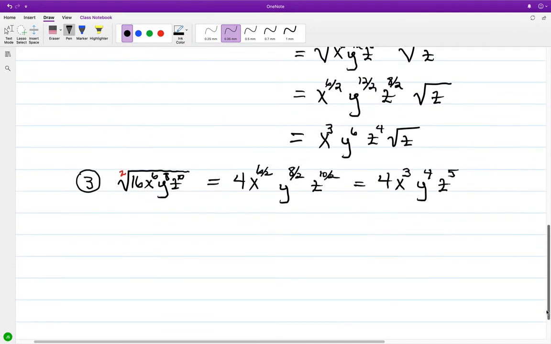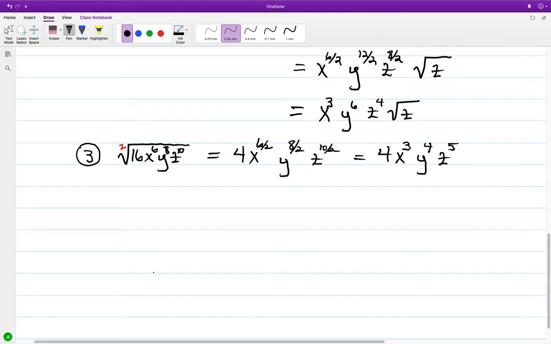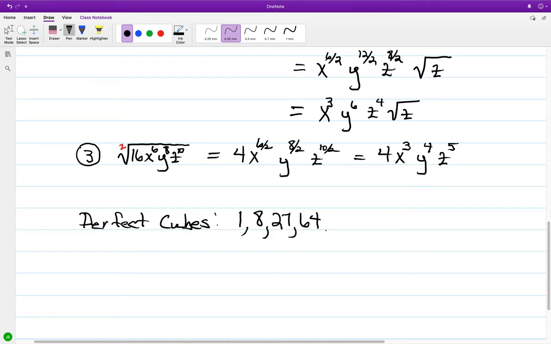Now, let's say that I carry this over to perfect cubes. For perfect cubes, in the natural numbers, 1 cubed is 1, 2 times 2 times 2 is going to be 8, 3 cubed is going to be 27, 4 cubed is 64, and for 5 cubed, we have 5 times 5 times 5, which will be 125.